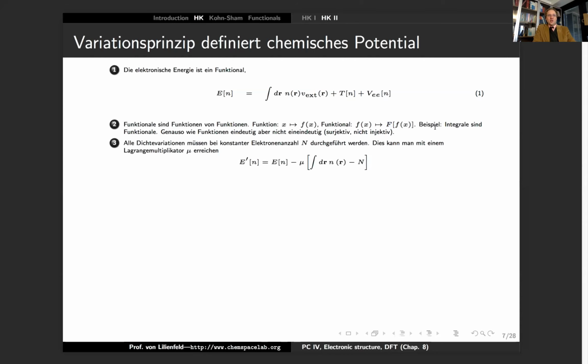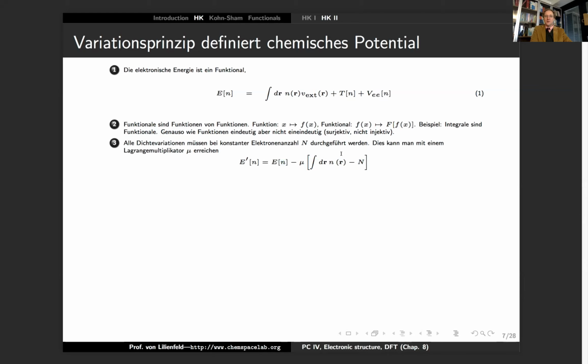So if we wish to vary our electron density, we have to make sure that the total number of electrons is conserved. And we can do this in the usual way. There's a constrained optimization problem, and using Lagrange multipliers is a very common method for solving such problems. So we can write our new functional that contains the unconstrained energy functional as in equation 1, and then we have a bracket here which is supposed to be 0.